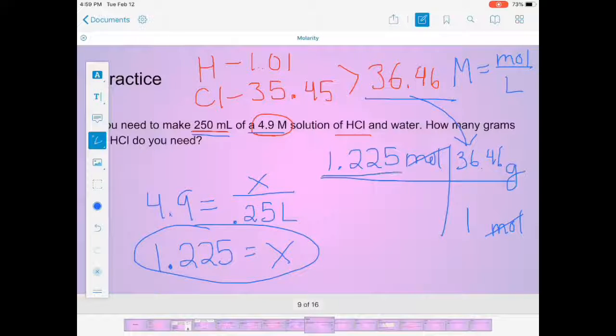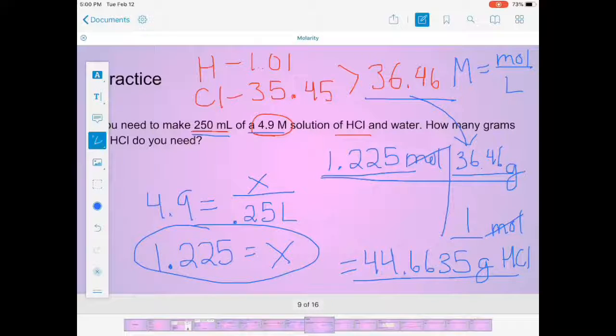We'll go 1.225 times 36.46 divided by 1, and our final answer will be 44.6635 grams of HCl. That's how many grams you are going to need to make 250 milliliters of a 4.9 molar solution.